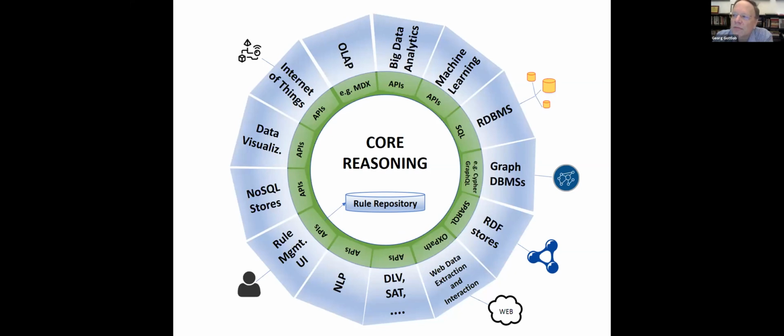We don't require users to use any particular format. Of course, internally we use a format, and that's Datalog, but Datalog is such a versatile language that you can basically communicate with databases, machine learning, analytics packages, OLAP, Internet of Things, etc.